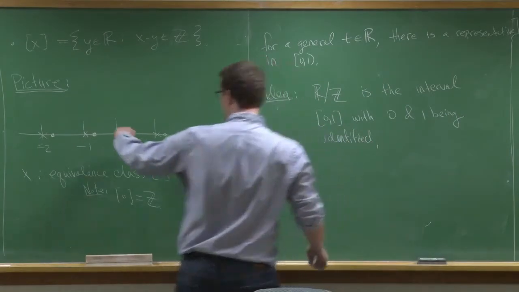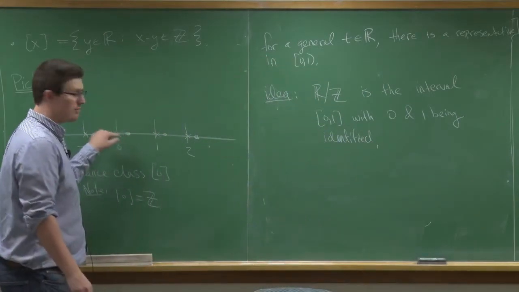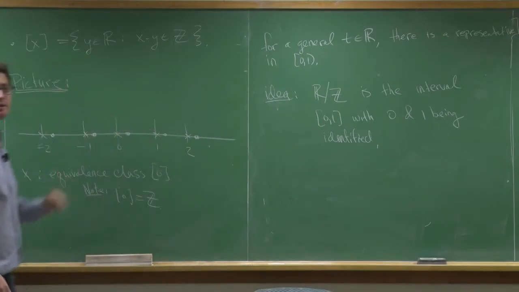So it's like a circle. You go here, and then it wraps back. Okay? So that's what the equivalence class looks like. So that's this particular equivalence relation.